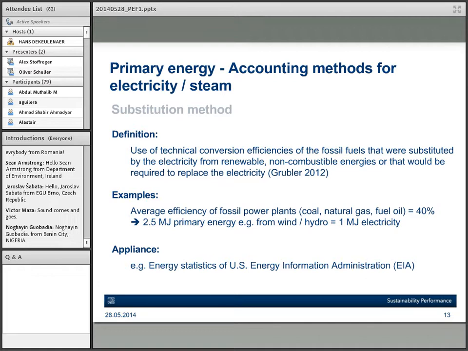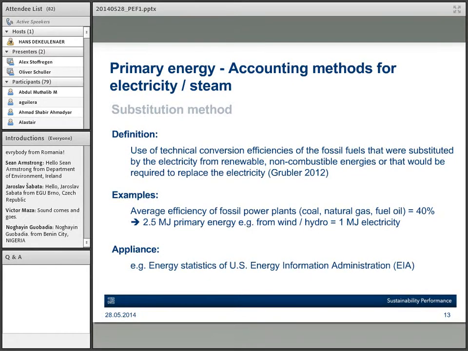So if we think of European power plants, the average fossil power plant efficiency, so coal, natural gas, fuel oil, is roughly 40%. So all electricity which is produced from non-combustible renewable energy sources will have this 40% primary energy equivalent, which means that you would need 2.5 megajoule of primary energy to produce 1 megajoule of electricity.